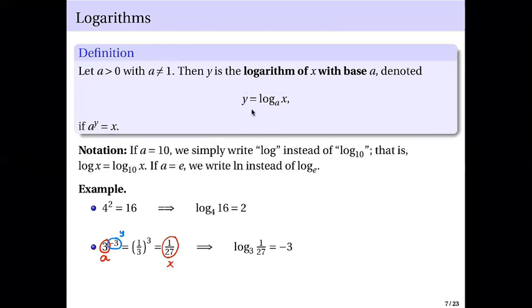If we convert it to logarithm, this is what we will get. The logarithm of x, which is 1 over 27, with base 3 is equal to y. But y is negative 3 here. So the logarithm of 1 over 27 with base 3 is equal to negative 3.